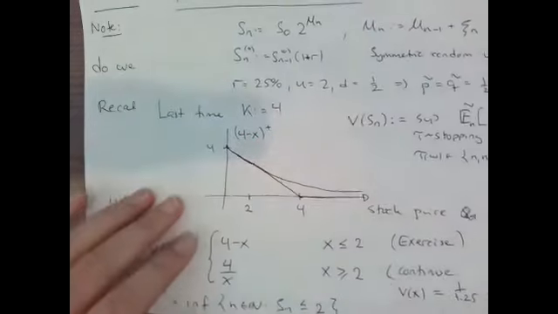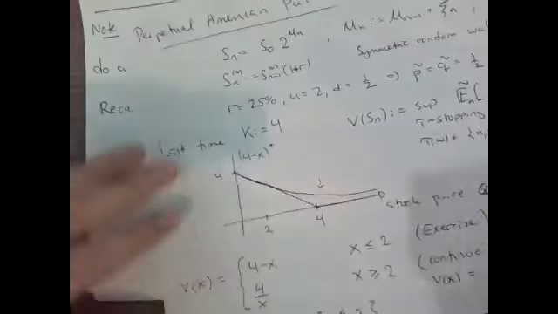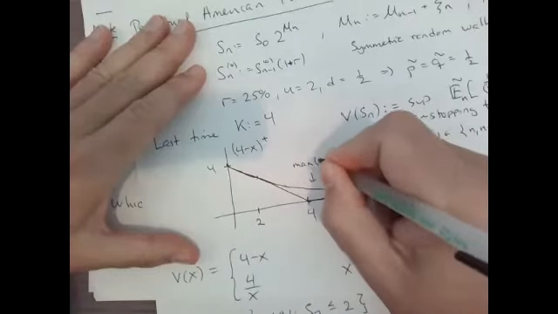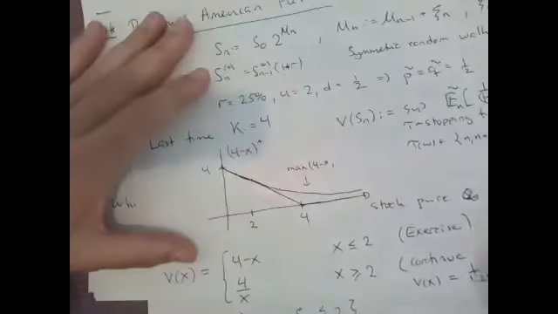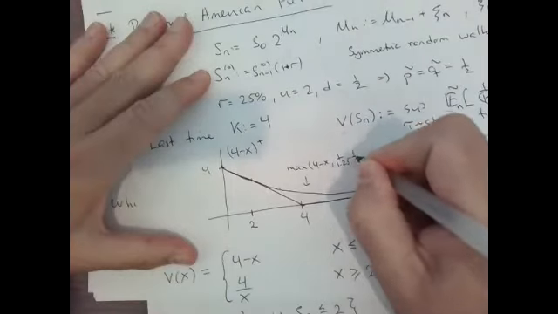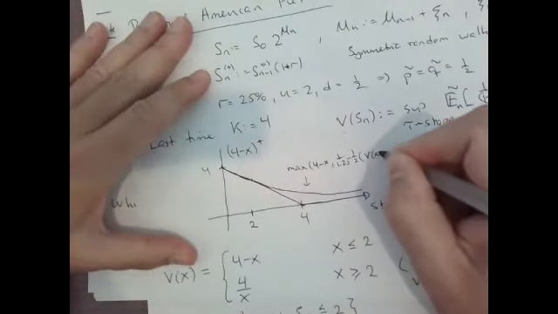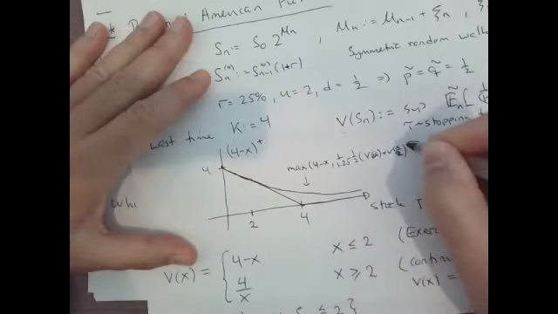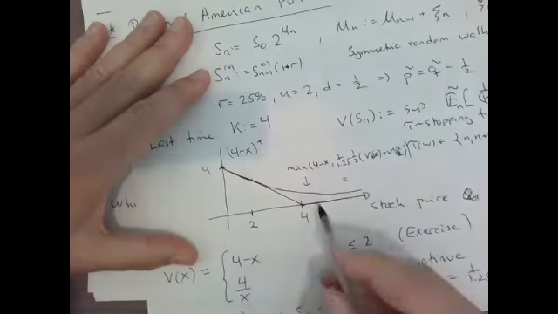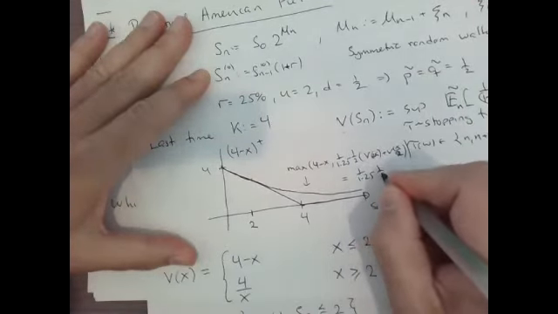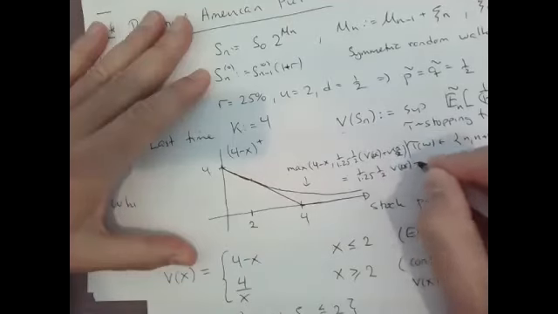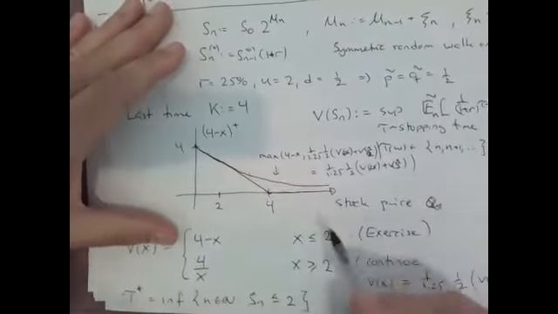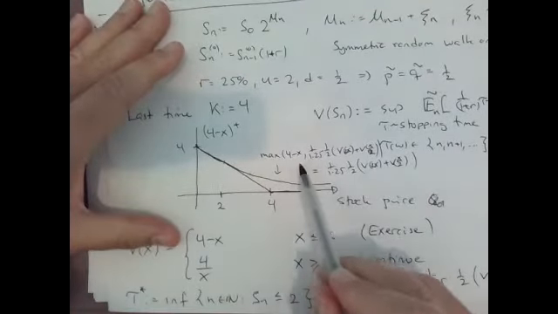Out here, we will have that the max of 4 minus x and 1 over 1.25, 1 over 2 V of x times 2 plus V of x divided by 2, this maximum is exactly equal to 1 over 1.25, 1 over 2 V of x times 2 plus V of x divided by 2. In that region the maximum is equal to that.